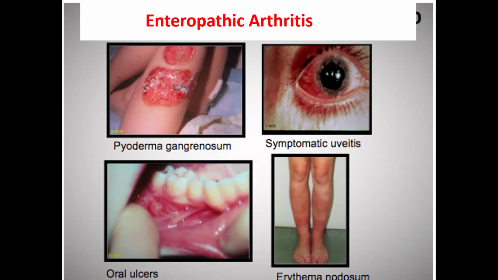Besides the usual articular and extra-articular symptoms and signs that occurs with negative spondyloarthropathy. Negative spondyloarthropathy means the rheumatoid factor negative, okay? Just to make a distinction from rheumatoid arthritis.